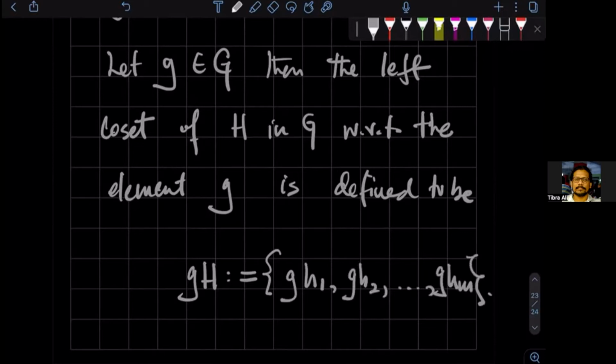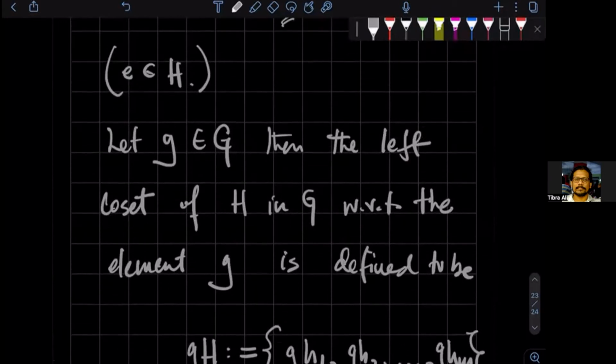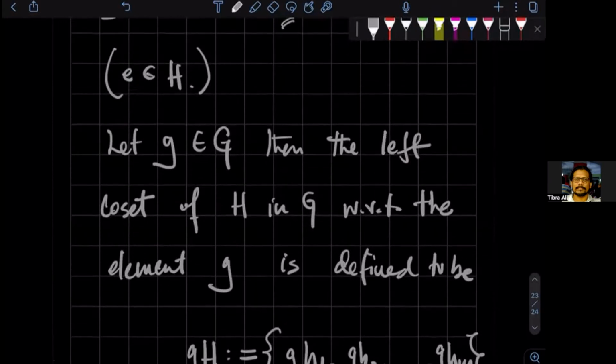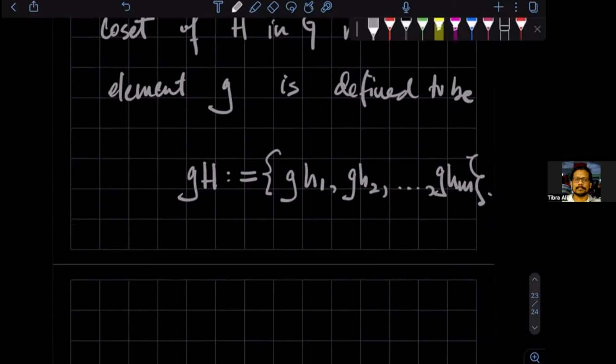This is called the left coset of H with respect to g, okay?